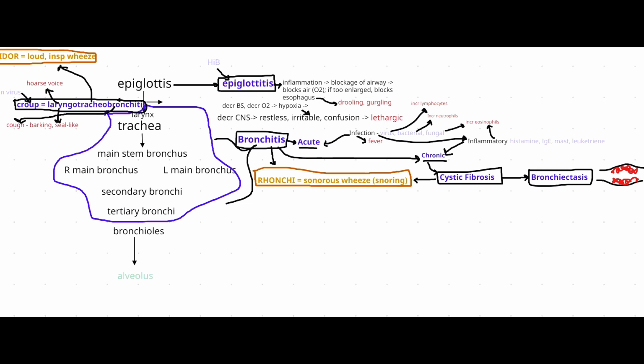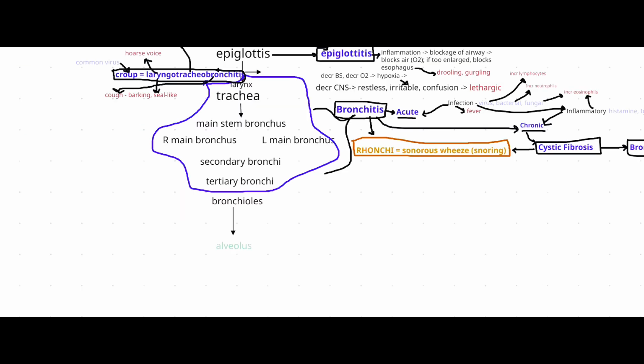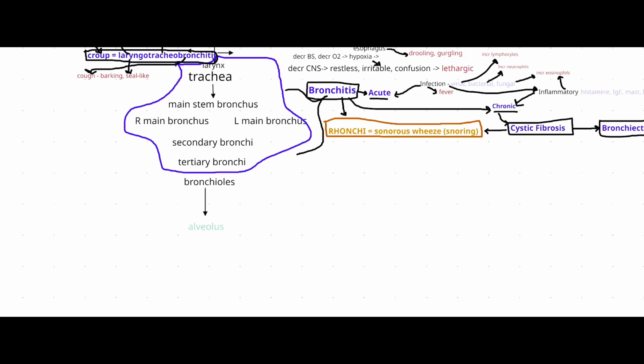So moving down a little bit further in the airway into the bronchioles. In the bronchioles and in the tertiary bronchi, if there's an inflammation there, the sound will be a little bit different. Let's first look at the problems.